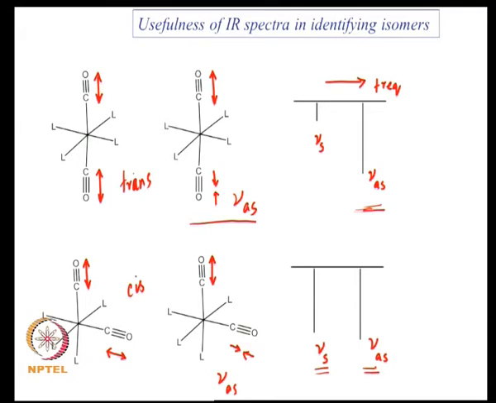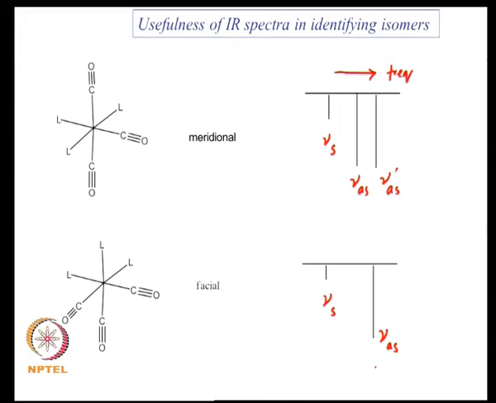So, carbon monoxide infrared spectra are very useful, and you can also use them for triply ligated systems. Here I have shown the two possibilities. In an octahedral complex, if you have triply carbon monoxide ligated systems, you can have the meridional isomer or the facial isomer.